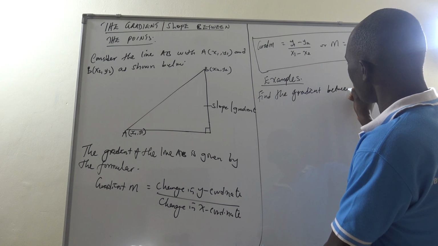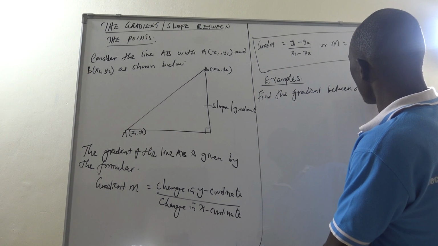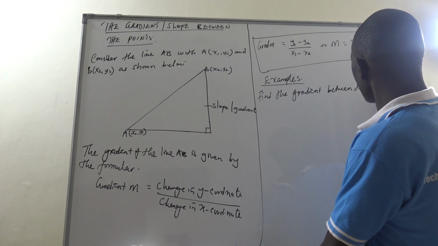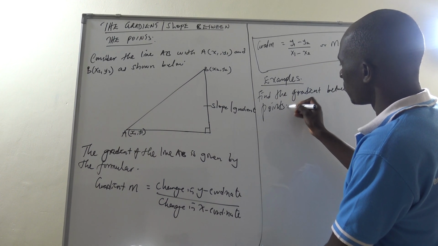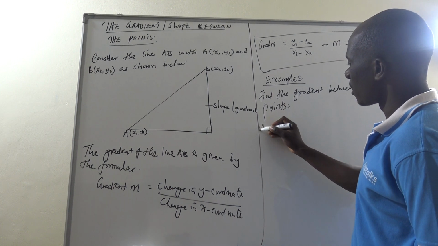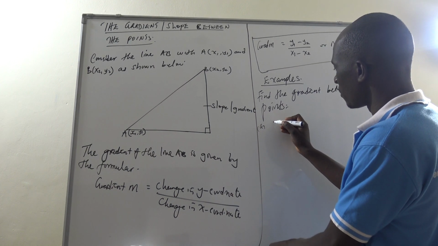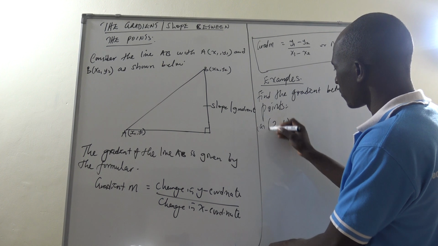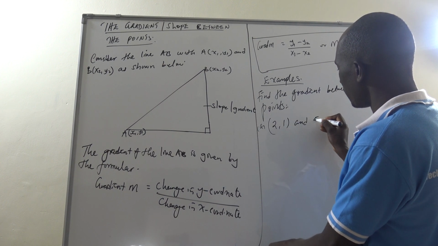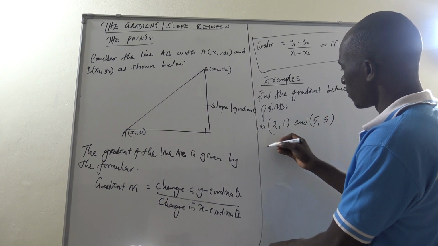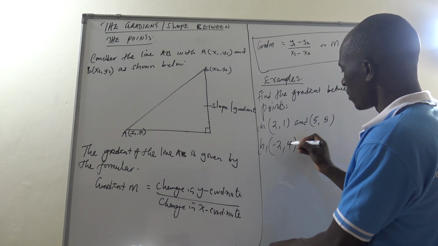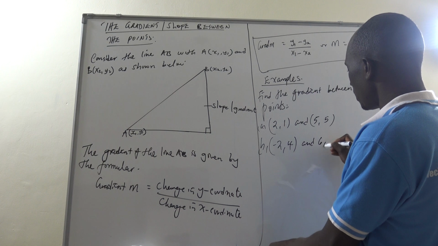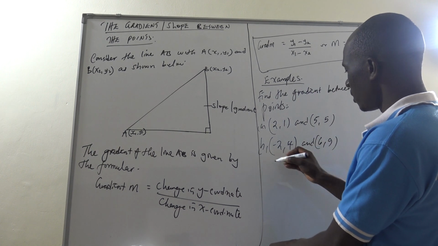As you're going to look at examples, you can say find the gradient between the following points. Part A: 2, 1 and 5, 5. Part B: -2, 4 and 6, 9.